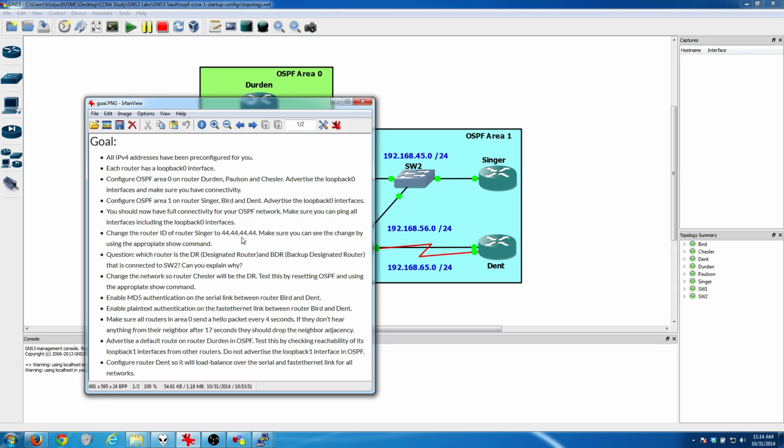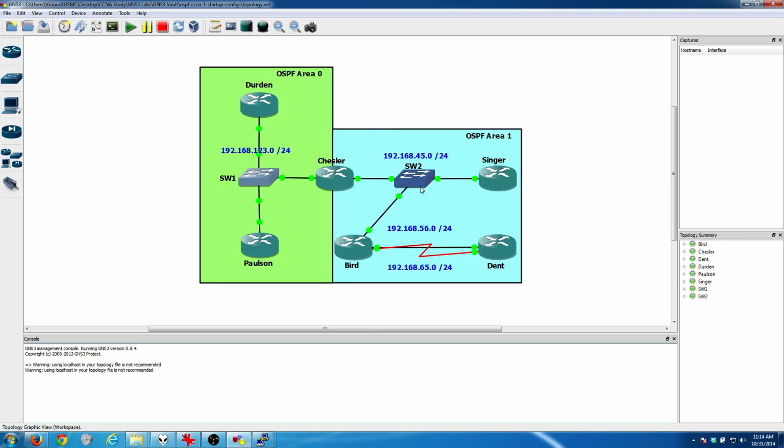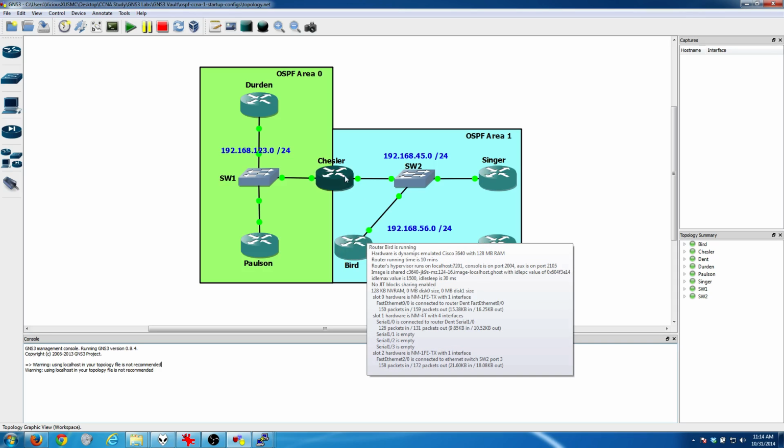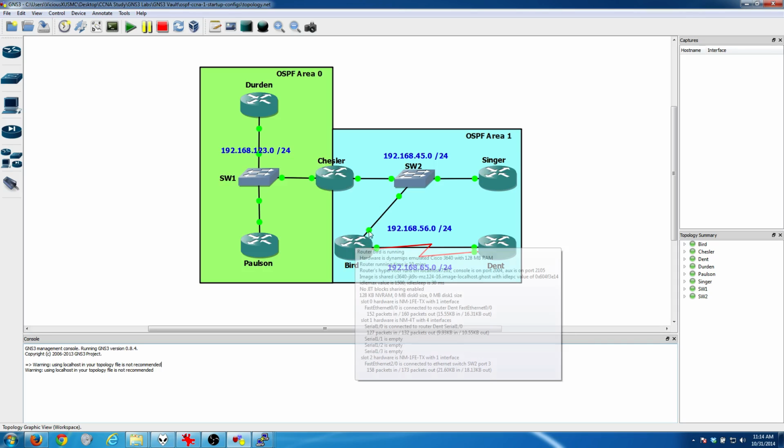Next up, it asks what router is the designated router, the DR, and the backup designated router that is connected to switch 2, and to explain why. Because we have 3 routers connected to each other, OSPF will only broadcast updates to the routing table from the designated router and backup designated router.